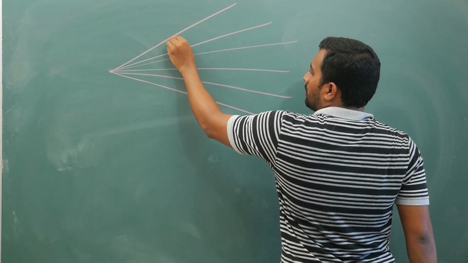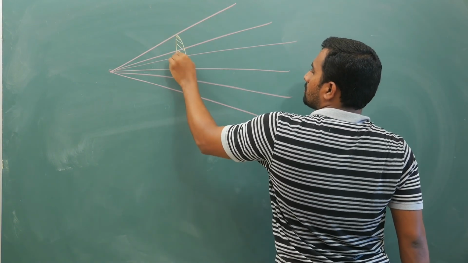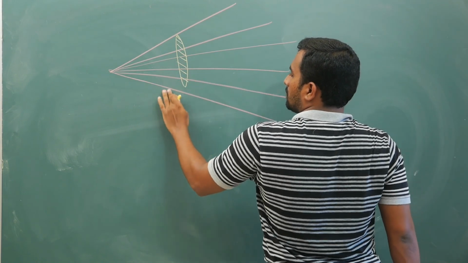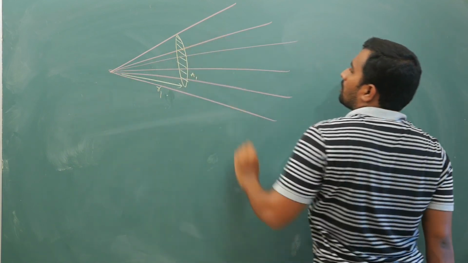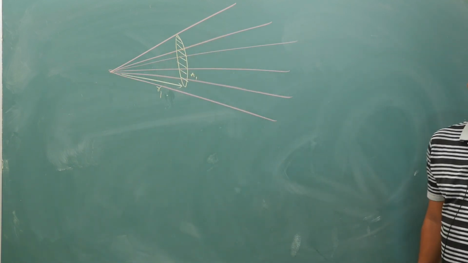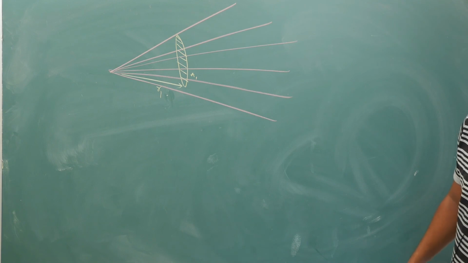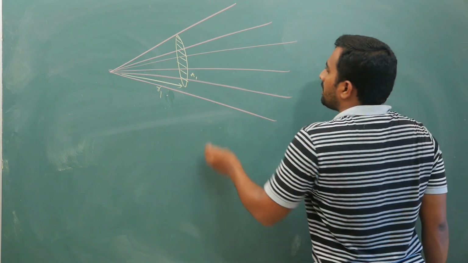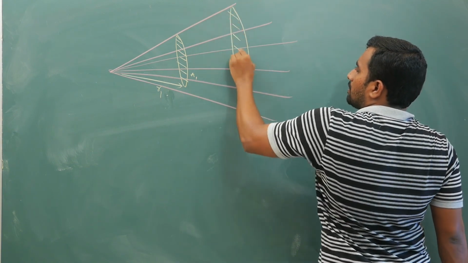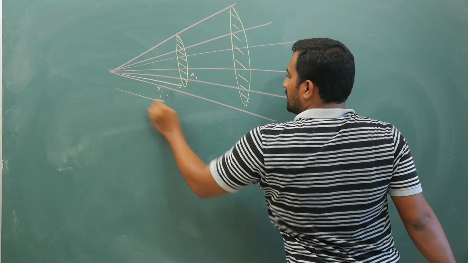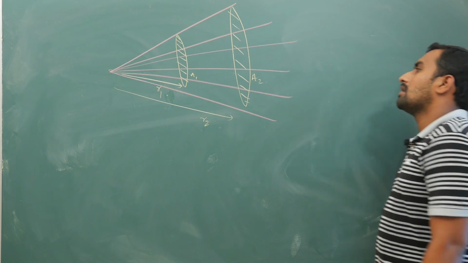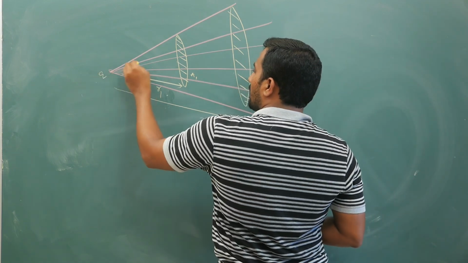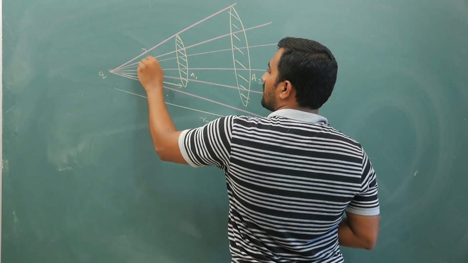Let us say you have an area A1 here, at distance R1. Let me take one more area here, at distance R2, with area A2. This is where you have your charge, and the field lines are here.